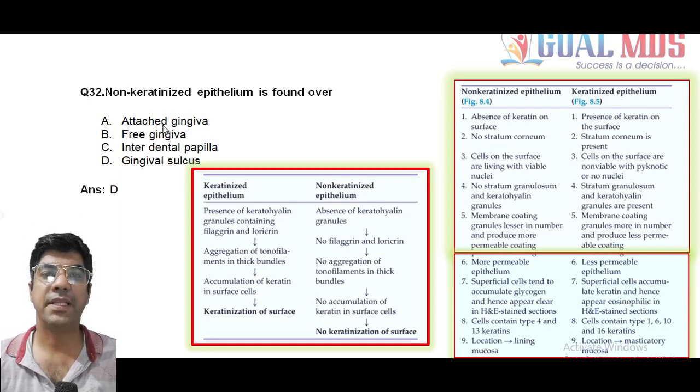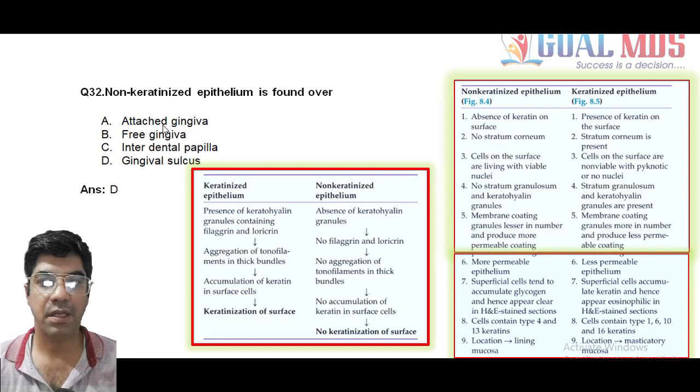The non-keratinized epithelium is found over the gingival sulcus.